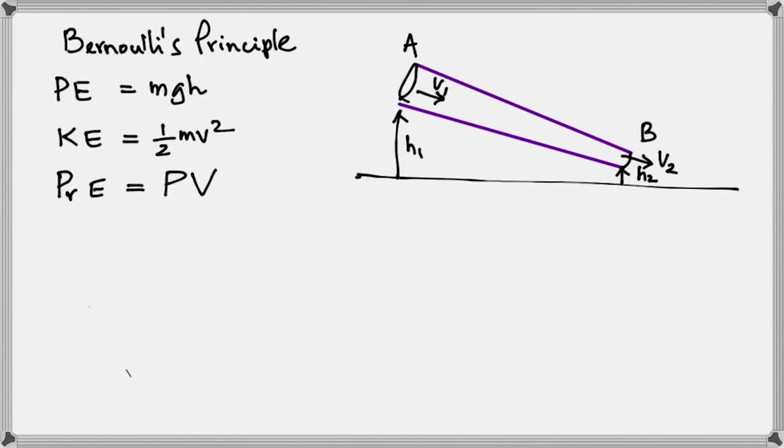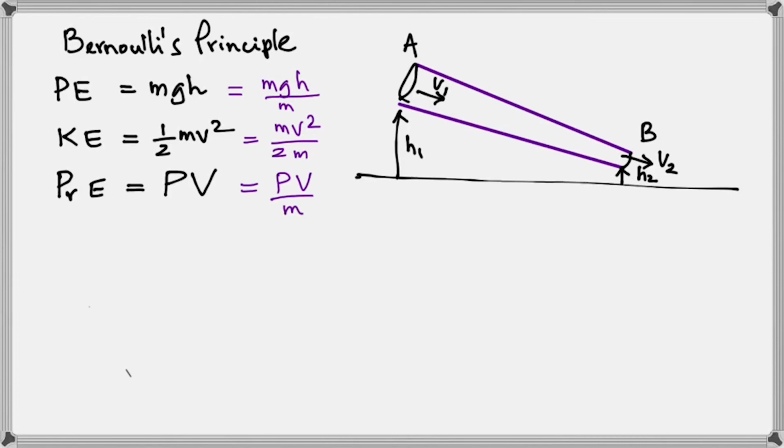So here's the deal. We have a problem here. The first two energies are written in terms of mass. The third one is written in terms of volume. Do you all see that? Since we don't like that, let's divide each one by the mass. So you go mgh by m, mv squared by 2m, the half is there.